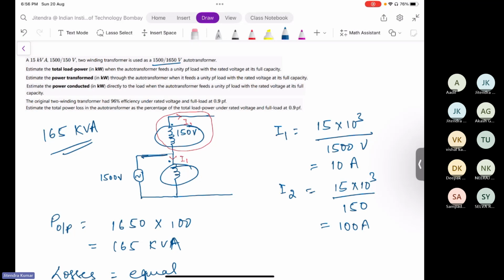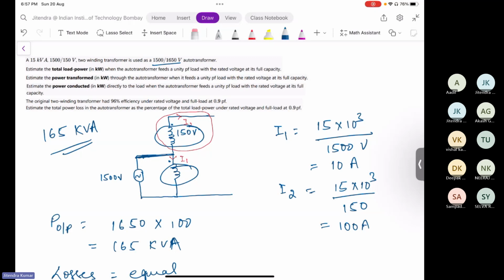But sir, we are reducing the core here, but that is not provided in the question. If it is provided in the problem explicitly, that the core volume or core area is reduced, then you must consider that condition. Yeah, indirectly you are correct, because the core structure of both transformers will change.